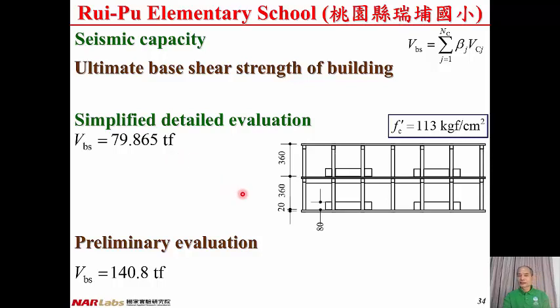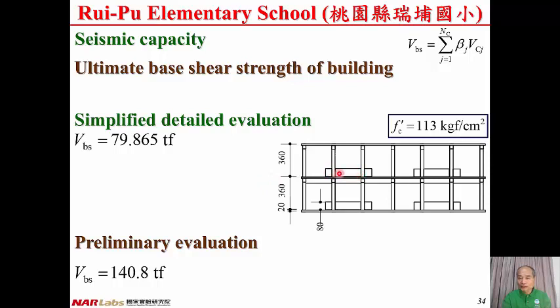Another reason is that in order to simplify the calculation, we neglect the window shields. Therefore, all columns are long columns, columns with relatively larger height. Therefore, the lateral strength may be smaller.